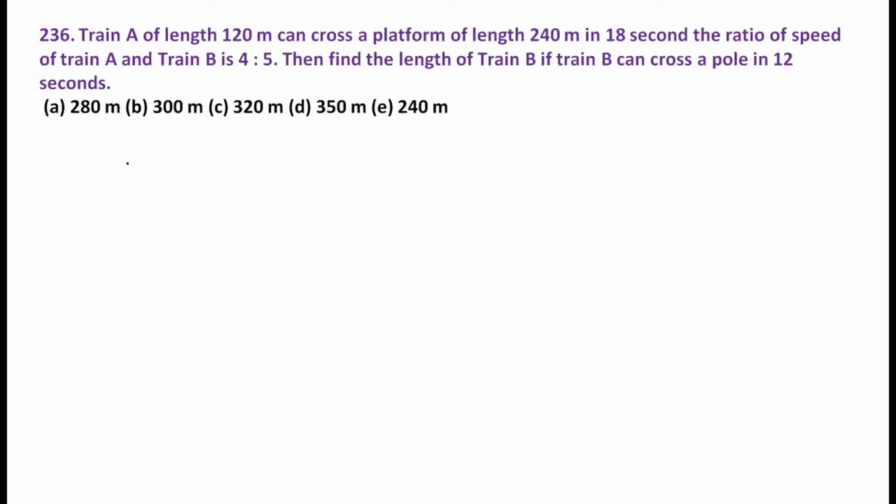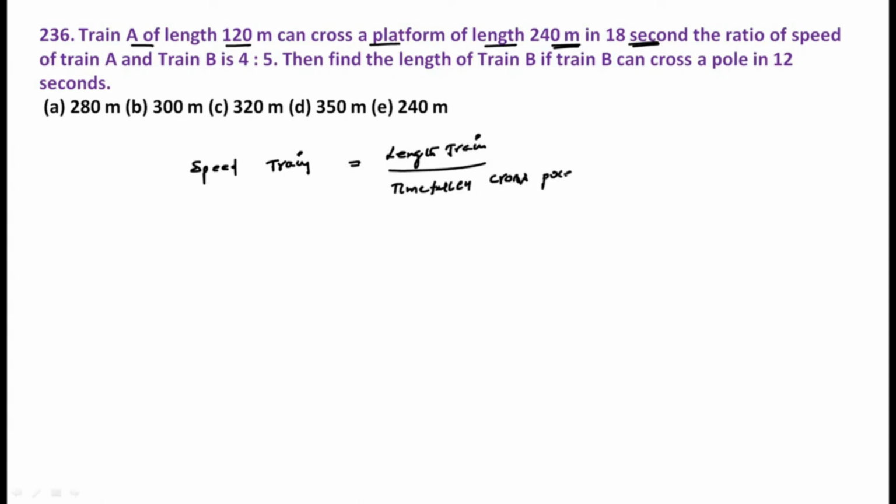Next one. Train A, length 120 meters, crosses a platform of length 240 meters in 18 seconds. Now see, the speed of the train is equal to the length of the train divided by the time taken to cross a pole. That is one concept, time taken to cross a pole.